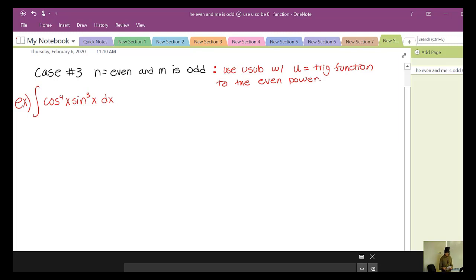So here, if we use that in our scenario, since cosine is the even power, we can say let u equal cosine of x. Then du will have to be negative sine of x.